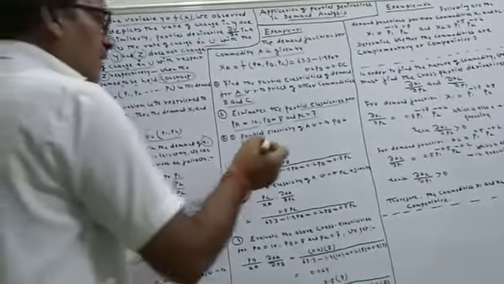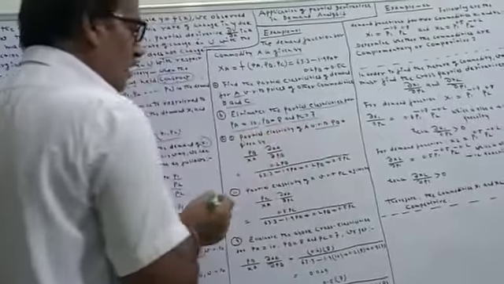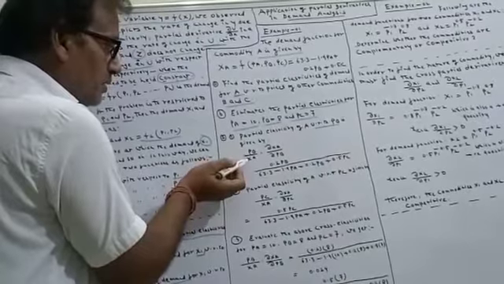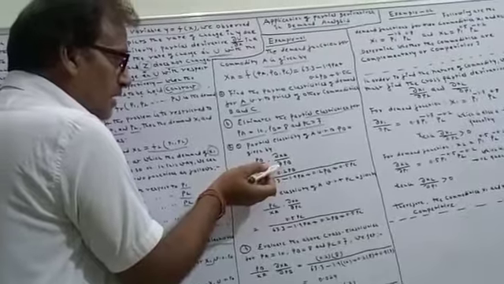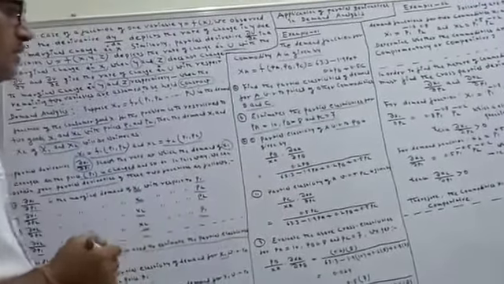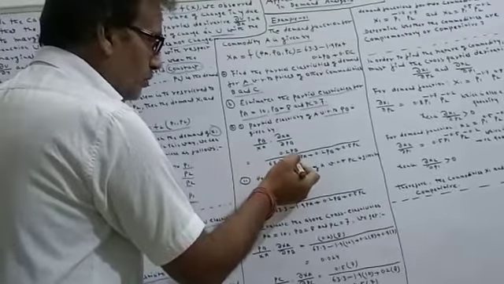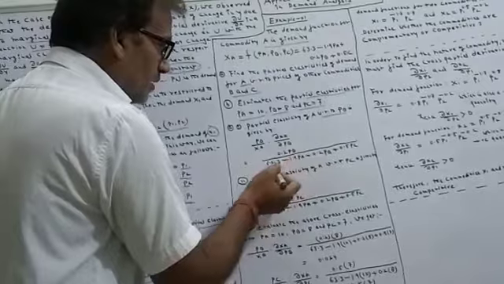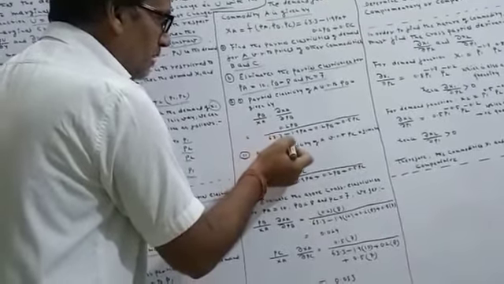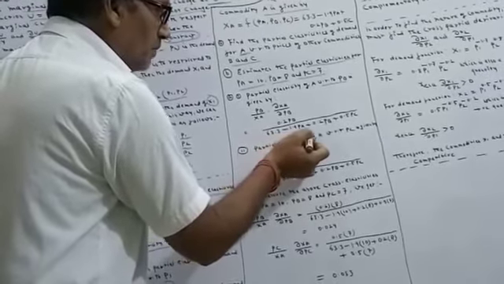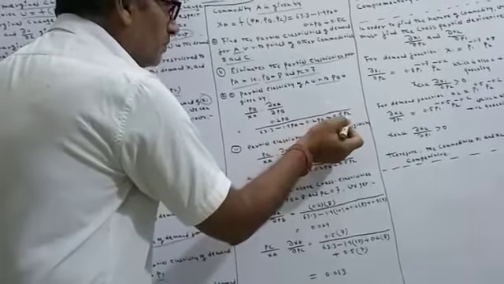Now, partial elasticity of A with respect to PB is given by the formula PB by XA into del XA by del PB. When we differentiate with respect to PB we get 0.2 PB divided by 63.3 minus 1.9 PA plus 0.2 PB plus 0.5 PC.